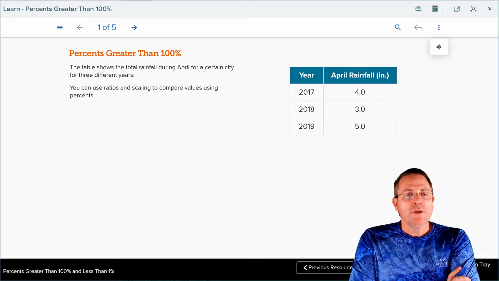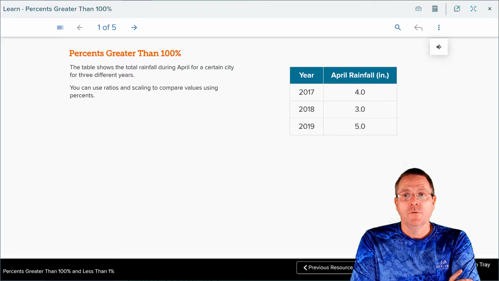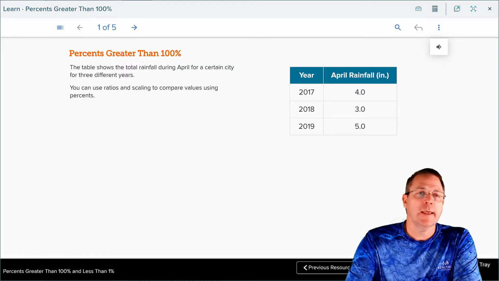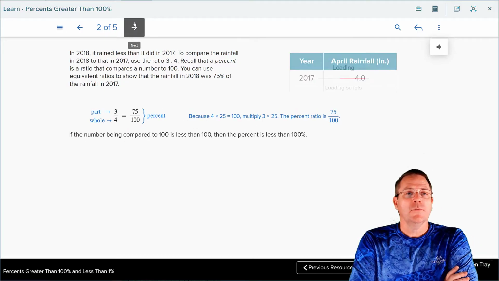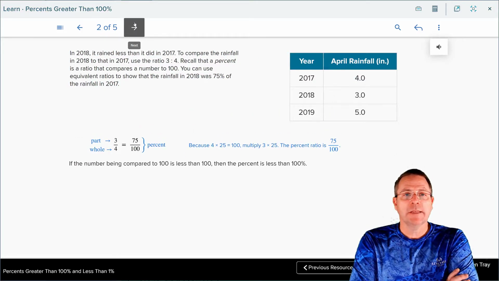You can use ratios and scaling to compare values using percents. So you can see we've got 2017, 2018, and 2019. Moving forward from there, in 2018 it rained less than it did in 2017.